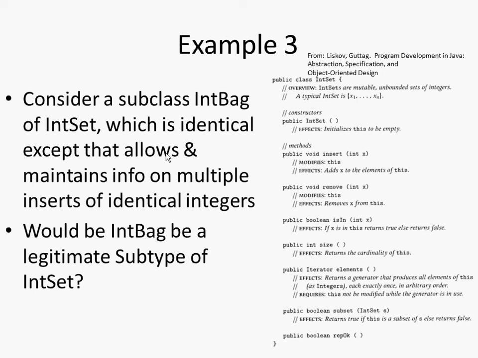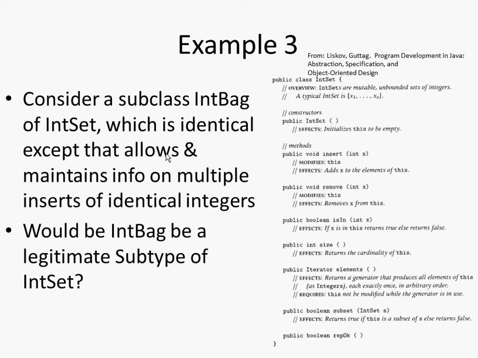So insert it twice, remove it once in an int set, it's gone. You add it once, it's part of the set. You add it twice, it's still part of the set. Add it 3 times, the set's no different. Remove it, it's gone from the set, right?